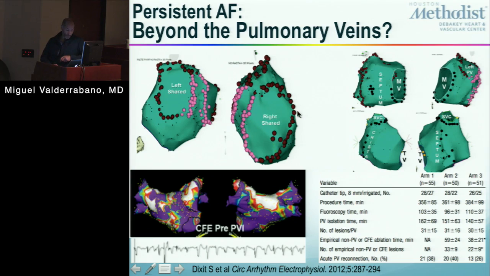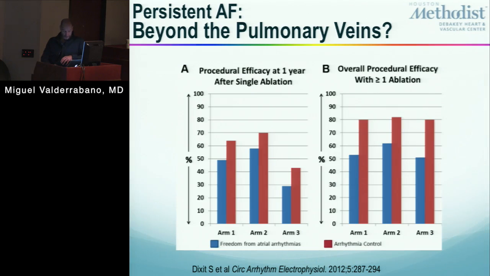And people have compared that alone or combined with other lesions along the mitral valve, along the septum, or where areas of rapid electrical activity like this are detected. If you compare pulmonary vein isolation alone versus pulmonary vein isolation with all these things, it's no better. The freedom from atrial arrhythmias after a single procedure is very similar whether you use pulmonary vein isolation alone or combined with other things.